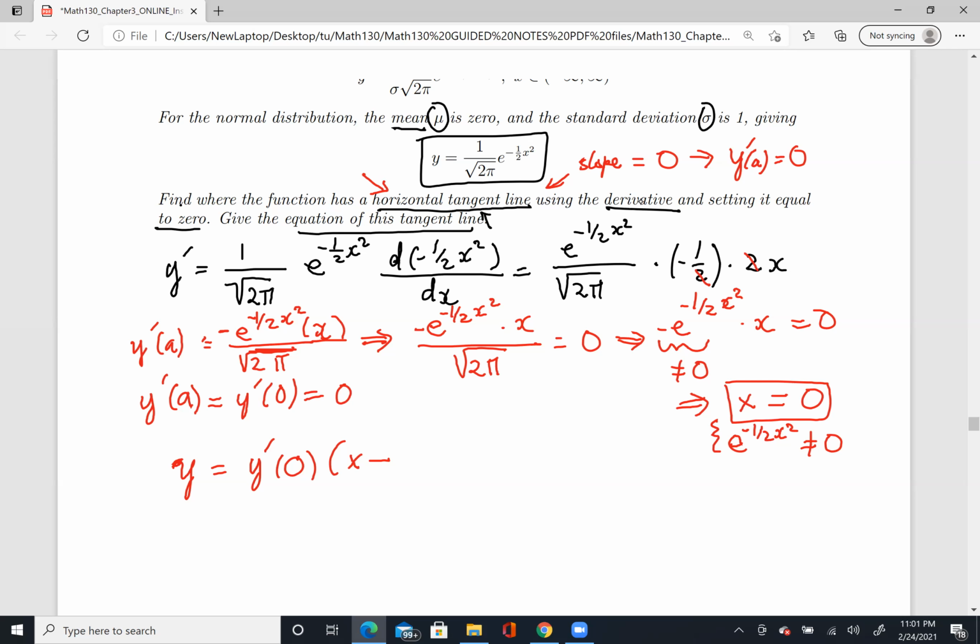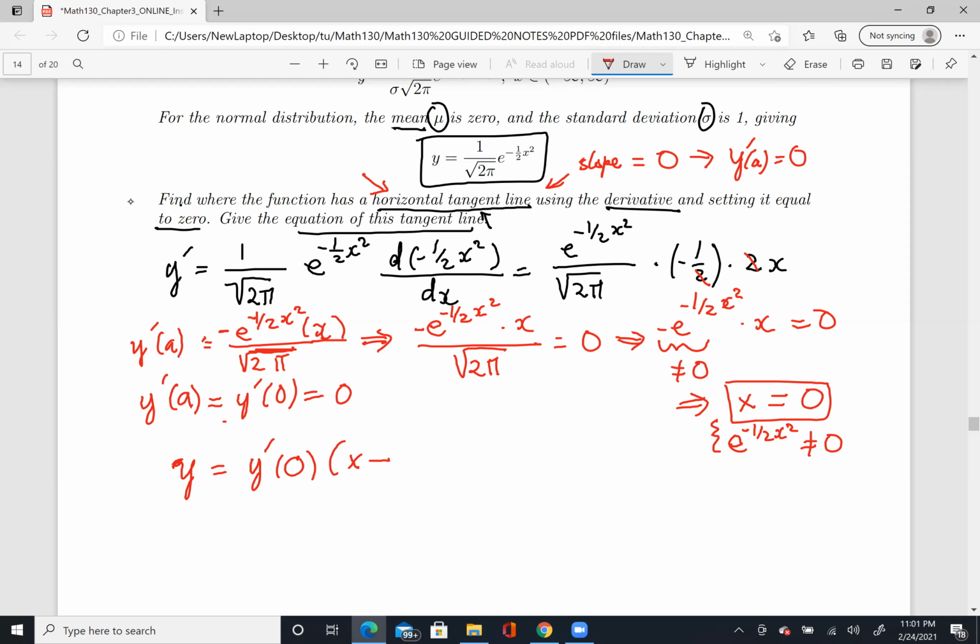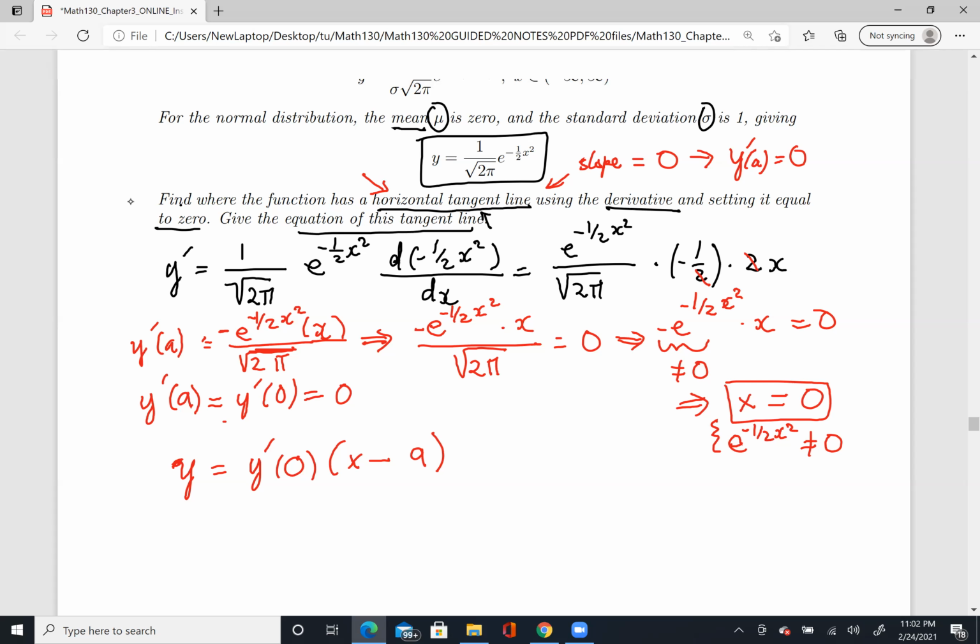And then I need to have y, let me write out here as x minus a, plus y of 0.